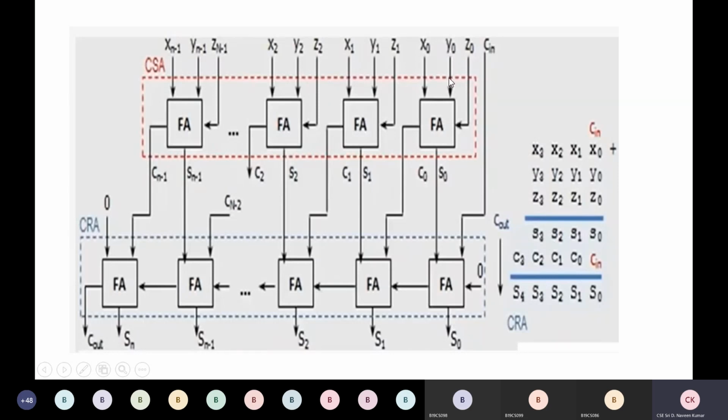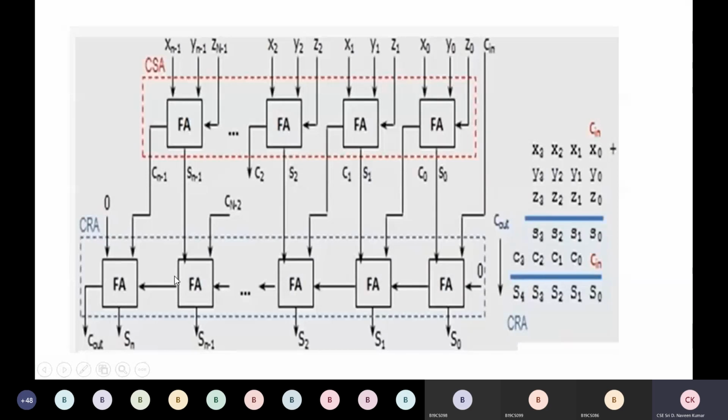You can see x0, y0 and z0, all the 3 bits in this column, are given as input. The sum is given as an output, but the carry is sent to the next full adder. So this carry bit C0 we are passing to the next full adder, so that it will do this addition.